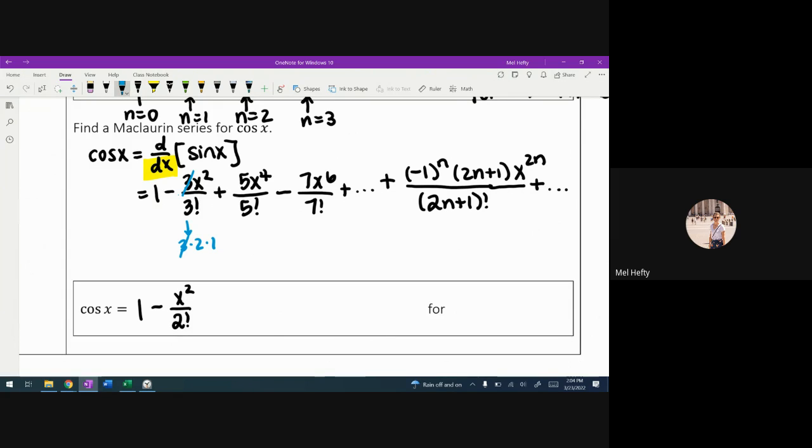All right, what's 5 factorial? Yeah, which is 120. All right, the 5's would cancel. What is this term going to look like now? x to the 4th over 24, which I could write as 4 factorial. I've got 4 times 3 times 2 times 1. All right, I don't think I even need to write the next one out. I think you can predict what it is. What do you think? Perfect, x to the 6 over 6 factorial.